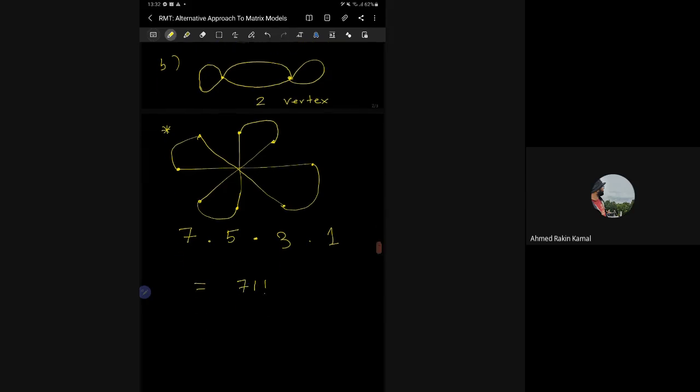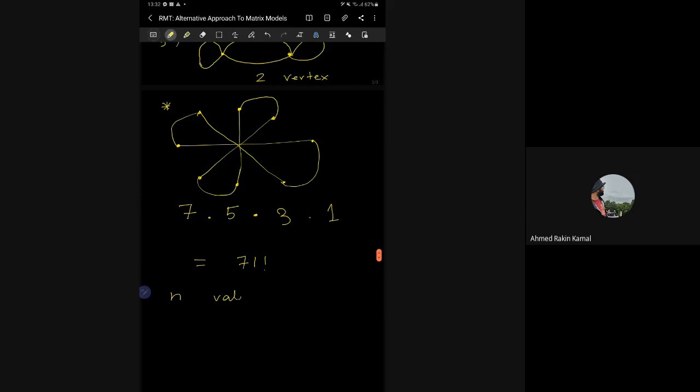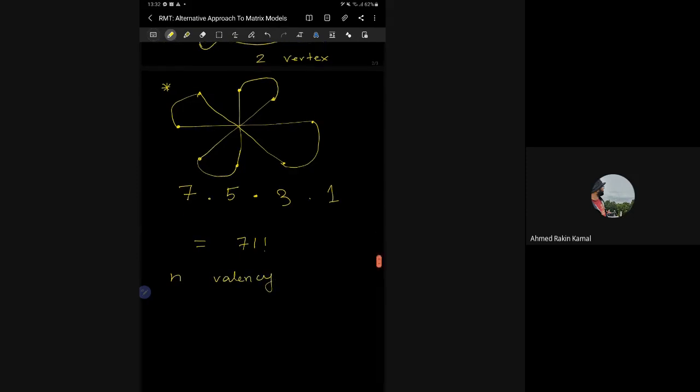Or if you have n valencies, lines coming out of it, it's just n minus 1 double factorial. So if n equals 8, that is, 8 is the valency, we have 7 double factorial, and the number of ways is 105.